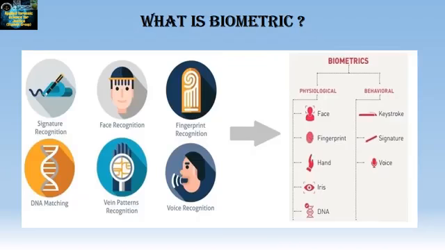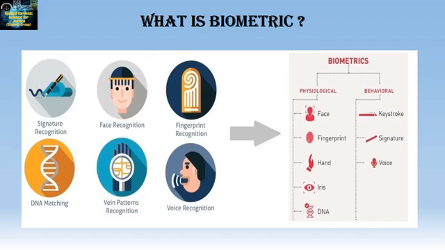What is biometric? Biometric is any system that serves to identify an individual based on their anatomical structure or behavioral traits. Biometry is divided into two parts. First is physiological and second is behavioral.